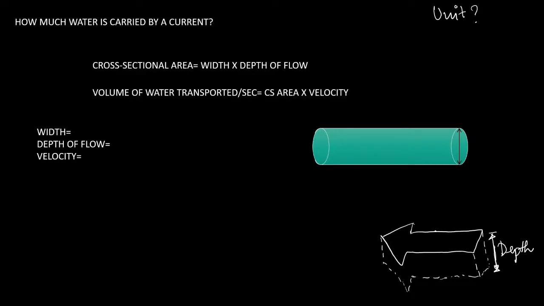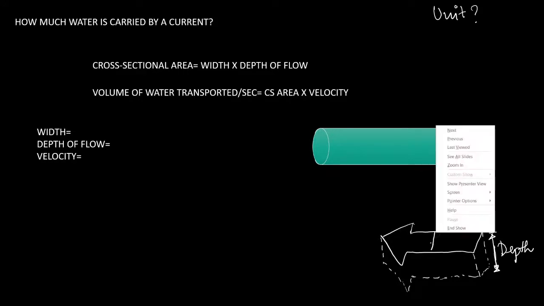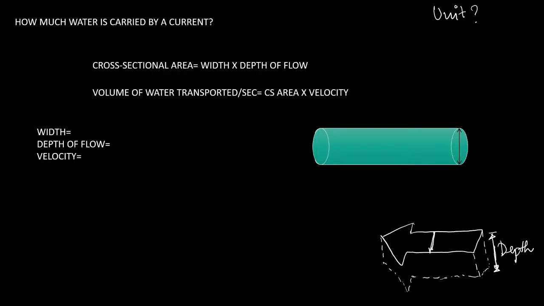And then there is some width of the ocean current, how wide it is. So the depth and the width of the ocean current give us the cross sectional area.